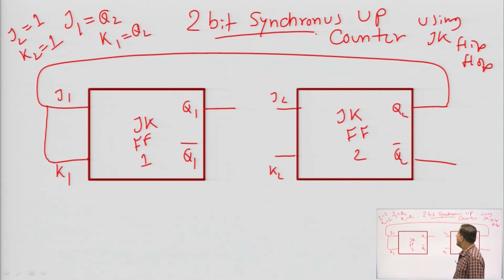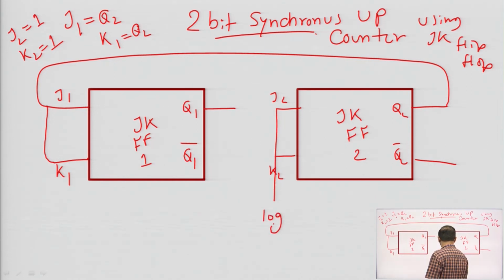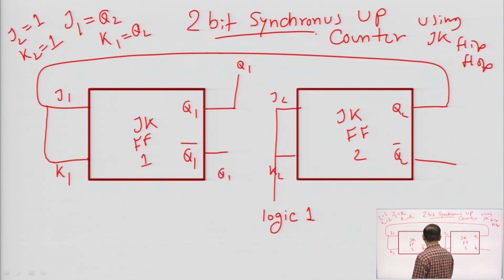Now, J2 and K2 are 1, so J2 and K2 are going to logic 1. This is nothing but Q1, this is Q1 bar, and like that we have done.